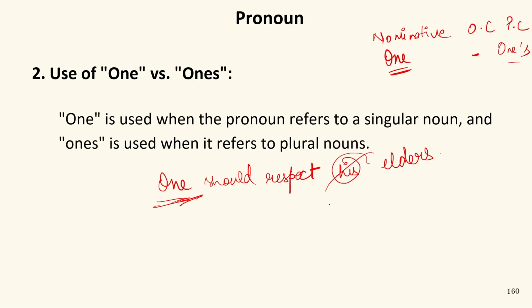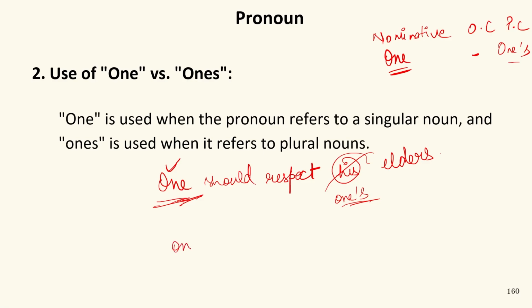So here this word his is incorrect. It should be one's. If the sentence is like someone should respect or everyone should respect, then we should have written his. Everyone should respect his elders. But if the word one is written over there, it should be one's in case of possessive case.